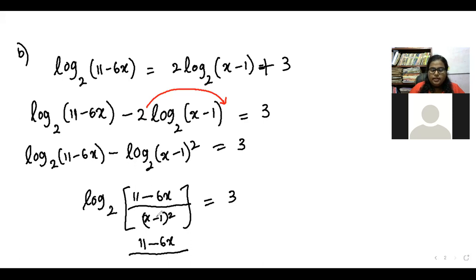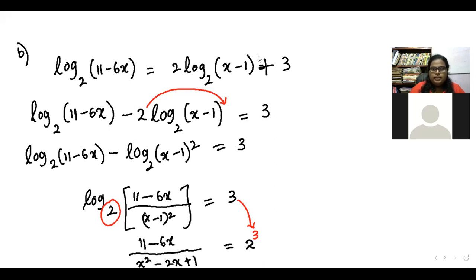Here we can simplify: there is an (x minus 1) to the power 2, so we can expand it as x squared minus 2x plus 1. It equals, the base is 2 here, right? So we can write this as 2 to the power 3. The 3 comes from this one, right?